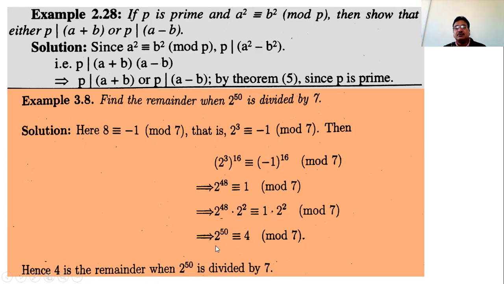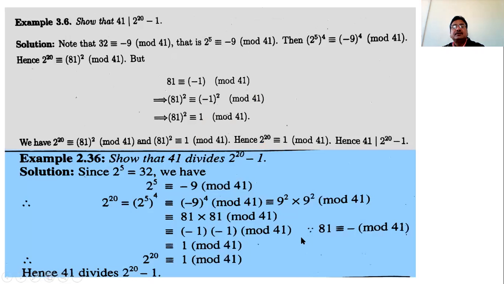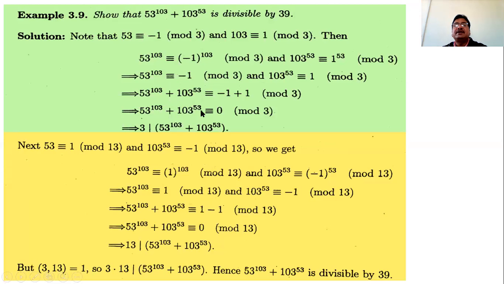That is, if we subtract 4 from 2 raised to 50, then it is divisible. And so 4 is the remainder when 2 raised to 50 is divided by 7. So this is an example of the same type. We'll see more in the next lecture.